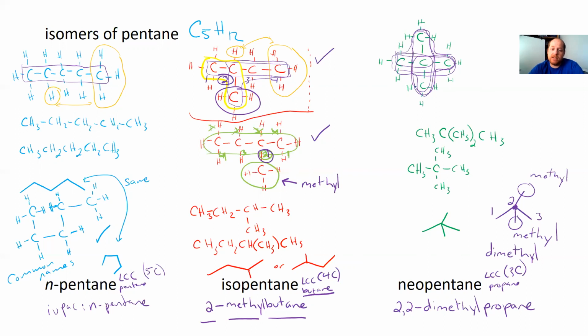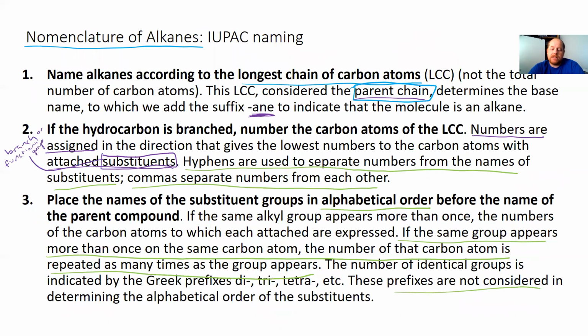However, just because you have the wrong IUPAC name doesn't mean you can't draw the molecule. Even wrong names can lead to right structures. Your worksheet actually has some examples of that for some complex molecules.